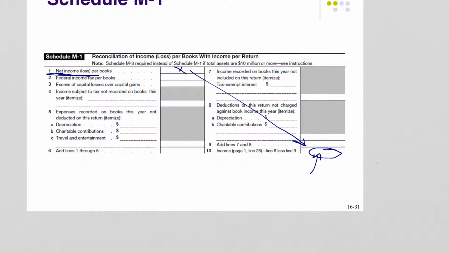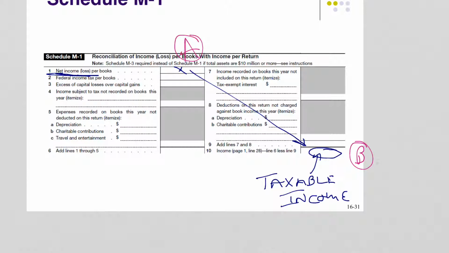This turns out to be taxable income per the return, using all the nuances that the tax code allows for income recognition, expense recognition, or limitations for C corporations. And the result is that going from point A to B, you wind up showing the IRS a map of all the temporary or permanent differences that are occurring between one set of income and expense recognitions, that's GAAP up here, and the tax code here.